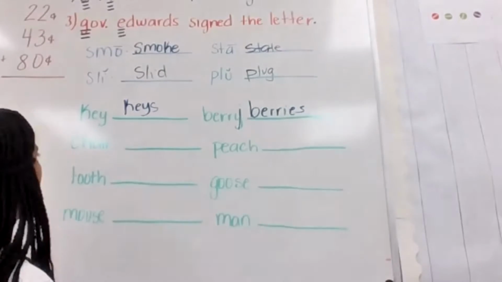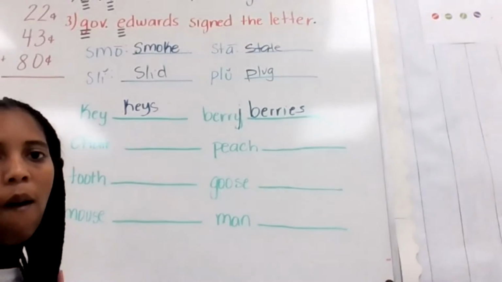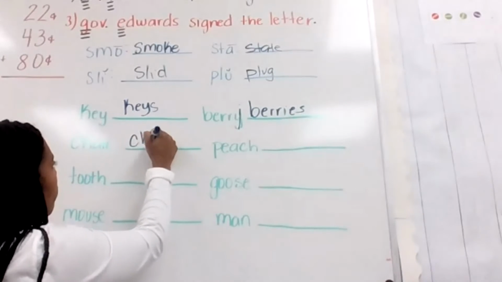Now I turn chair into plural. Chair, and add the S. Just add an S. Chairs.